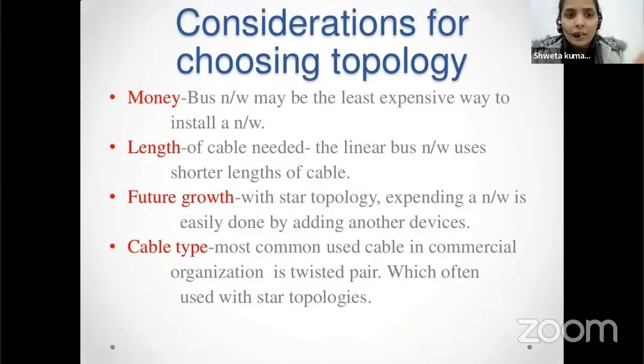For future growth, if you want to add some other system or addition to a topology, you can go for a star topology. And for cable type, the most commonly used cable is twisted pair, which is often used in star topology.